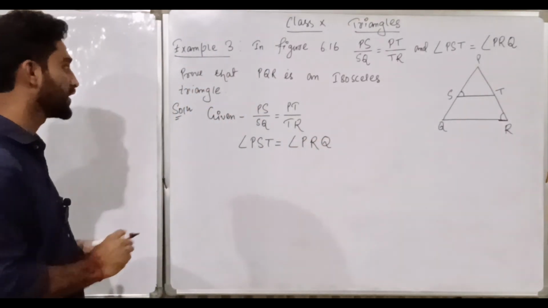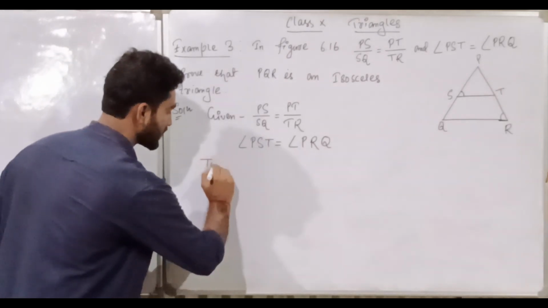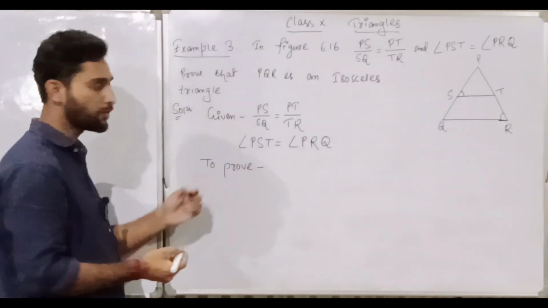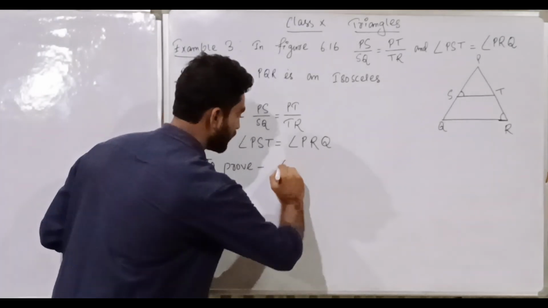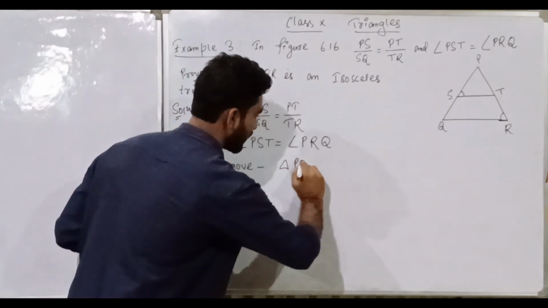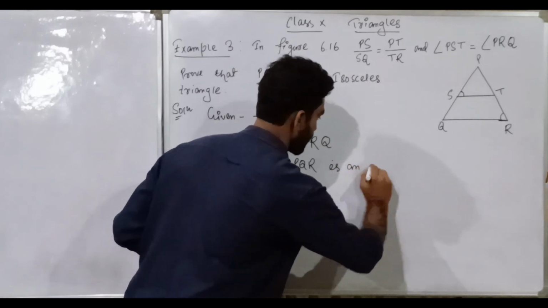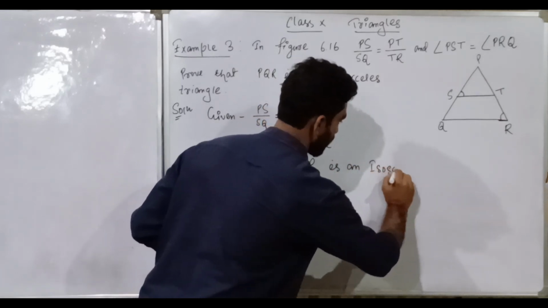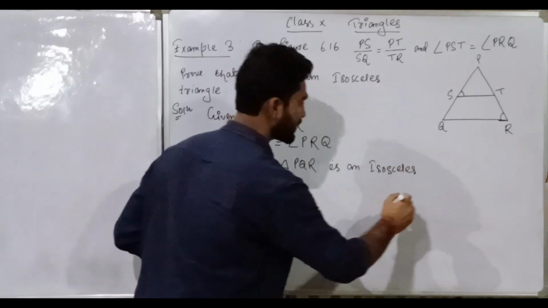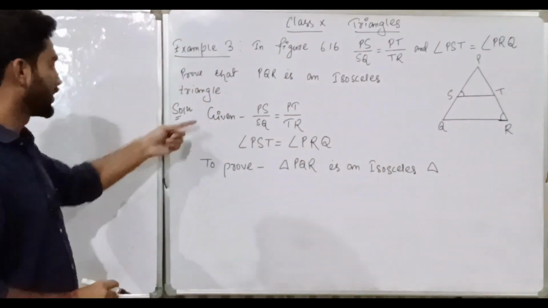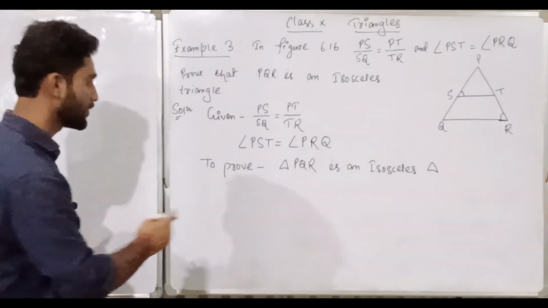These two pieces of information are given. After the given, next is to prove. We have to prove triangle PQR is an isosceles triangle. So that is given and to prove.